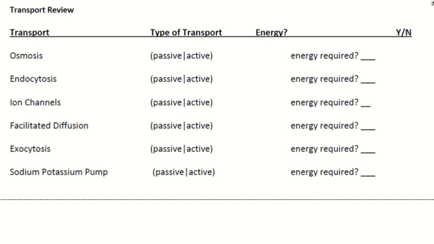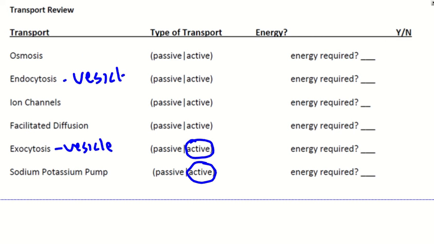So a little rehash. Passive versus active. Well, let's start with what we talked about today. The sodium-potassium pump is active, and then our vesicle transport, exocytosis and endocytosis, are active. So energy is required for all of your active. So everything else would be considered passive.